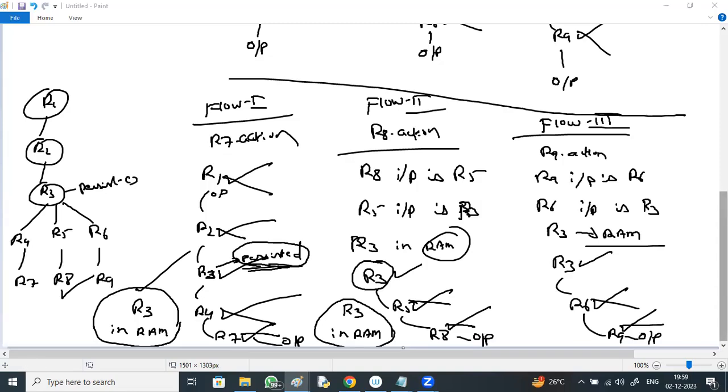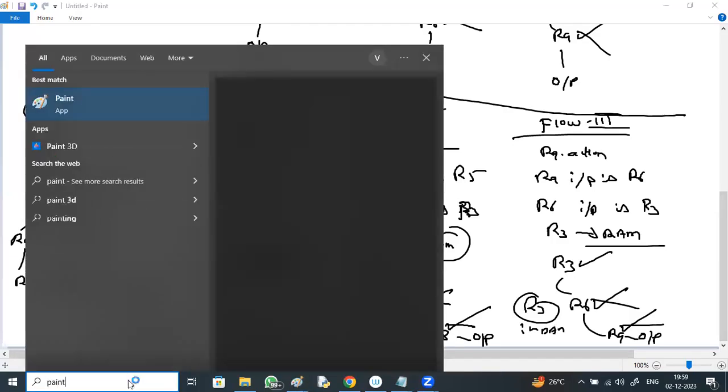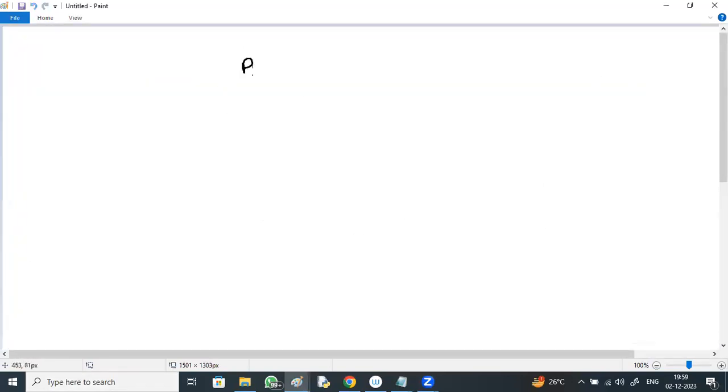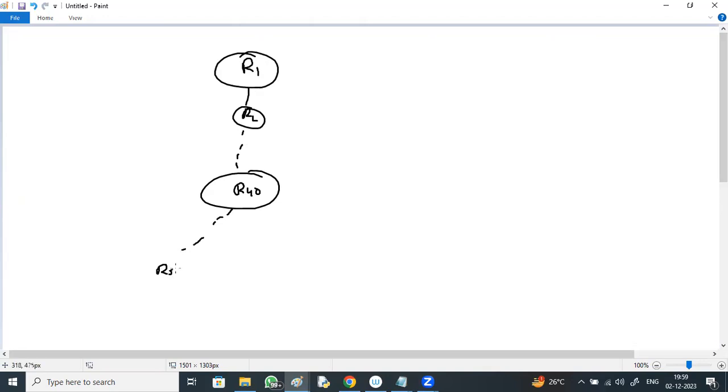Okay. Now, in all three flows, R3 remains in the RAM. If you see a very big data flow, as I said previously, R1, R2, and so on up to R40, then R50, R60, R70.